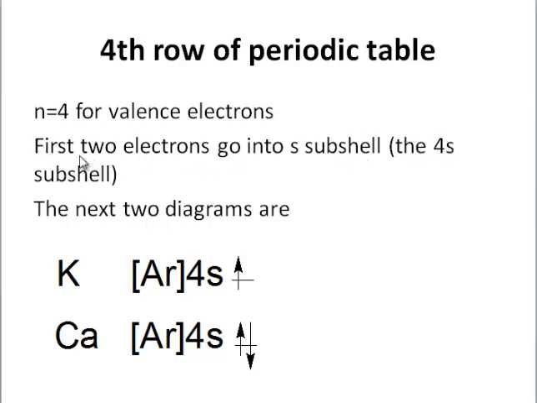And you've probably recognized by now that every time we are looking at elements in the first 2 columns of the periodic table, we're putting electrons in an s subshell. So here are the diagrams for potassium and calcium with core abbreviation, in this case the argon core abbreviation. Notice that the core abbreviation saves a lot of work in writing and displaying the orbital diagram.